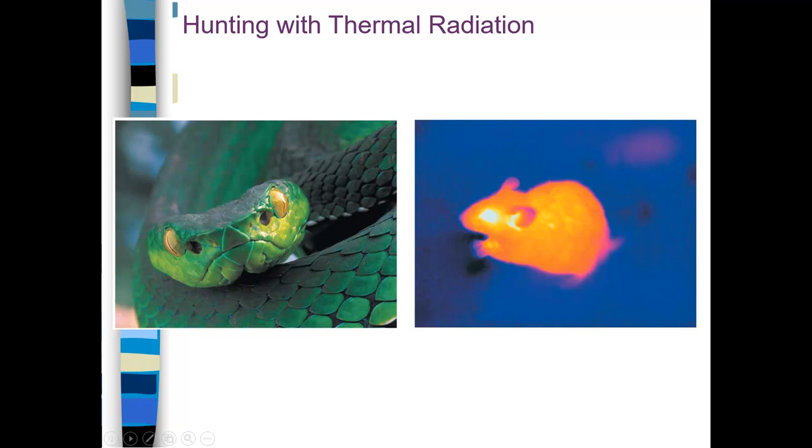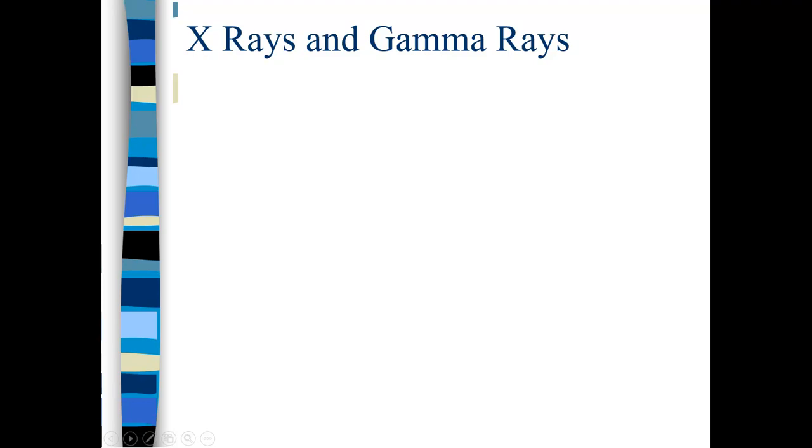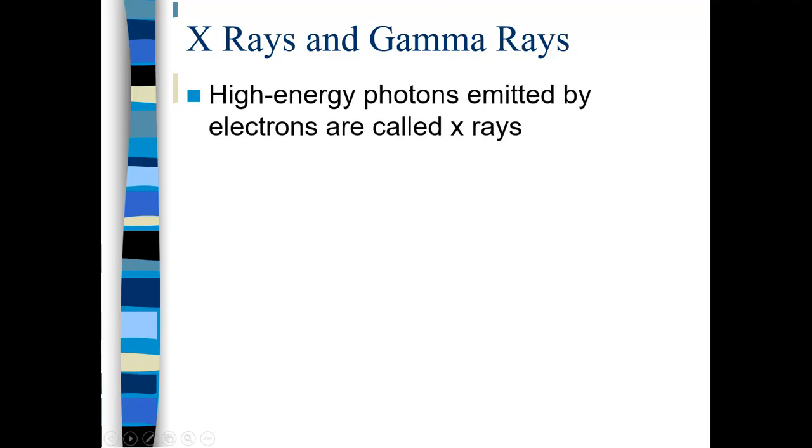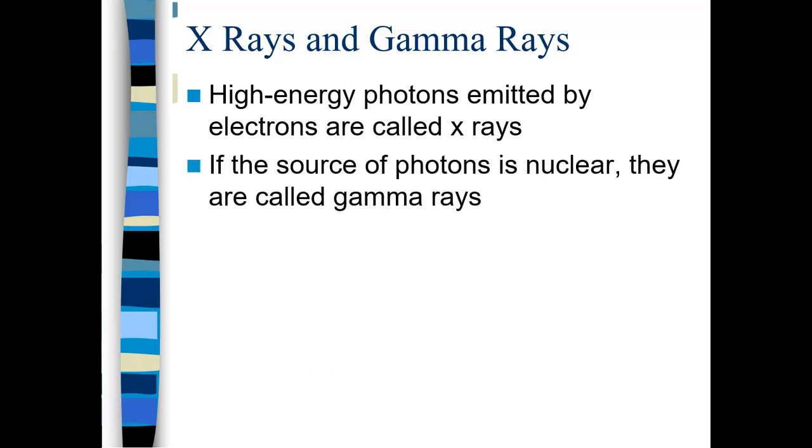Some animals can see thermal radiation, so they can see warm-blooded animals. Here's a snake, and the snake's eyes can see thermal radiation, so it highlights the mouth. And then in terms of X-rays and gamma rays, these are high energy photons emitted by electrons. If the source of the photon is nuclear, then it's called a gamma ray.